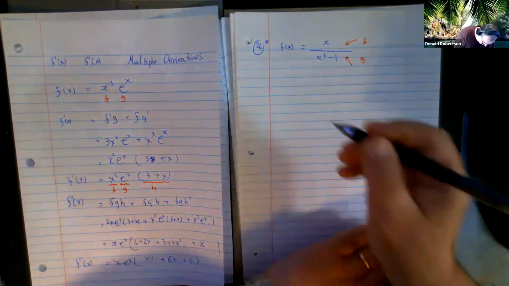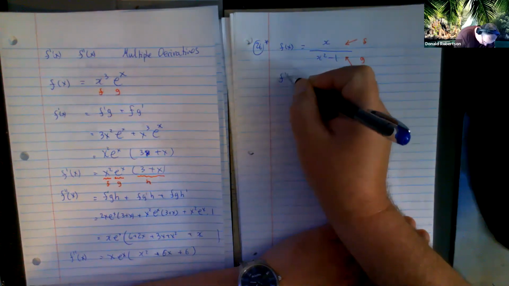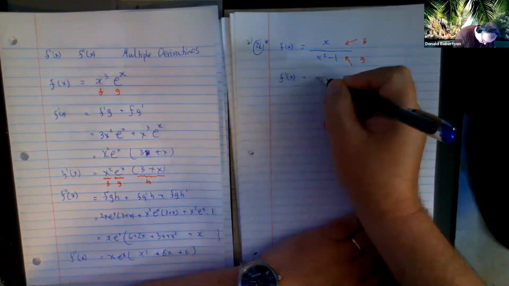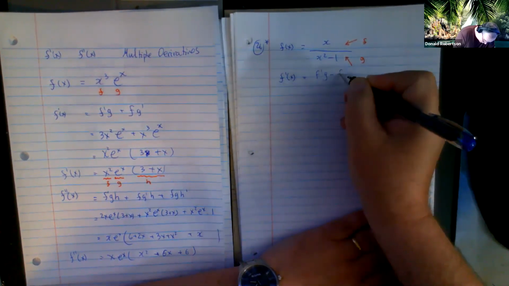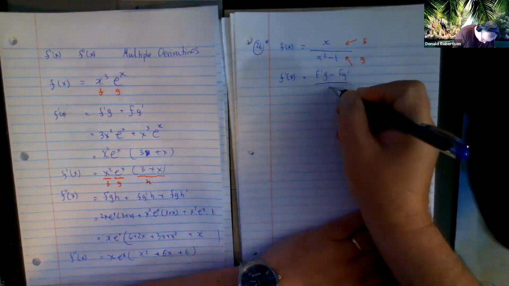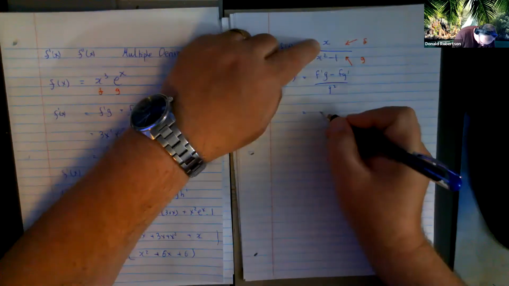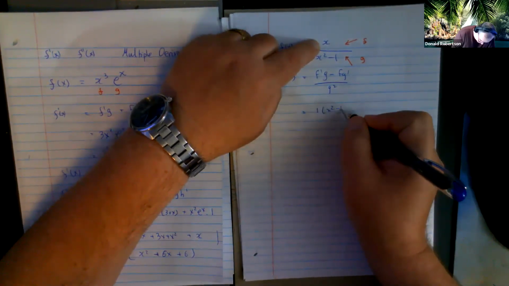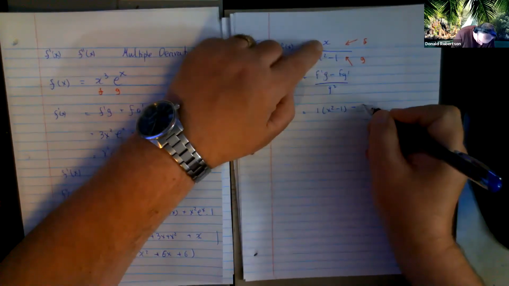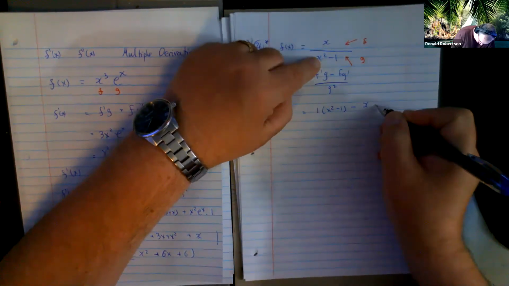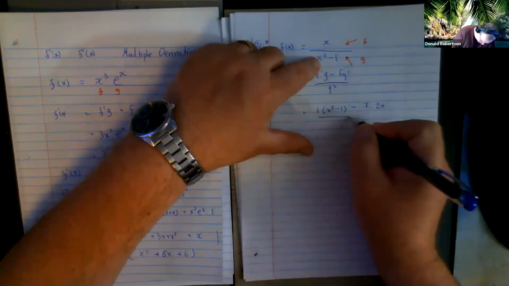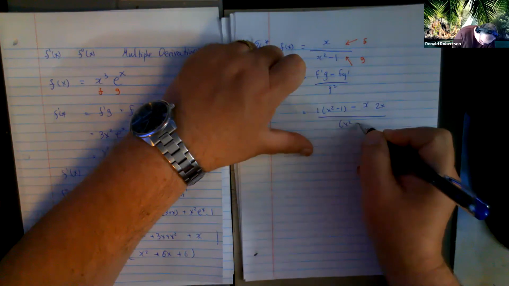Let's get the first derivative done then. F dash g, take away f g dashed over g squared. If you differentiate the top, leave the bottom alone. Subtract, leave the top alone, g dashed gets you 2x, all over x squared minus 1 squared.